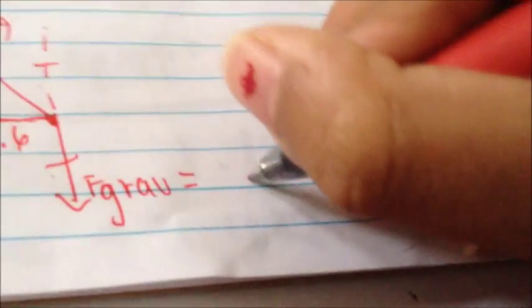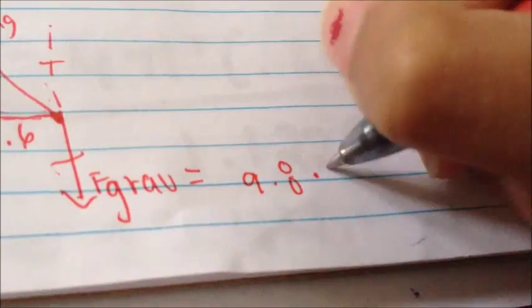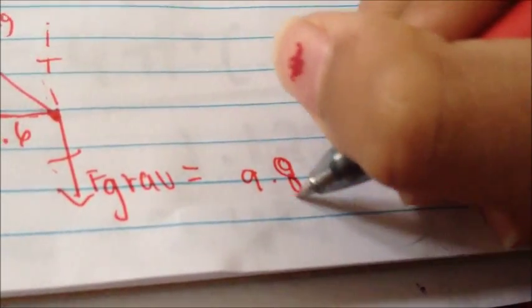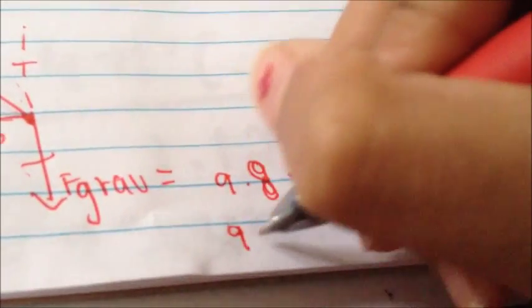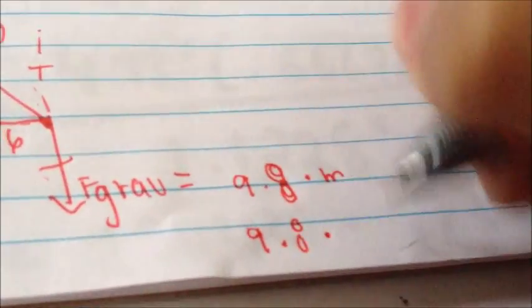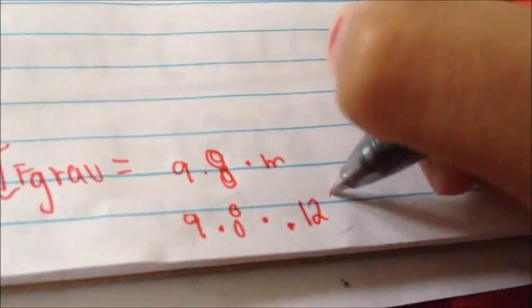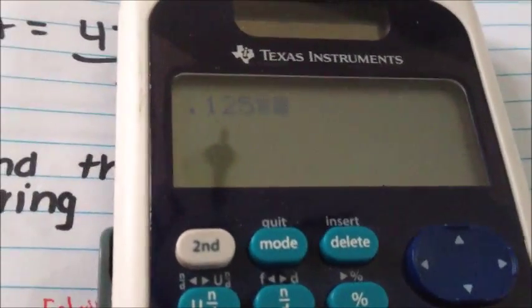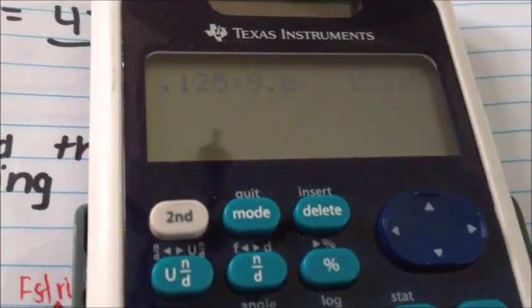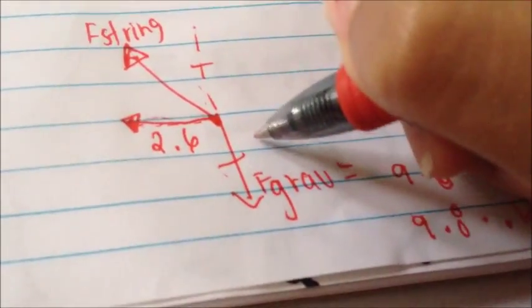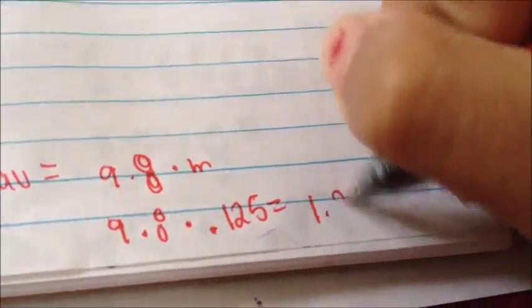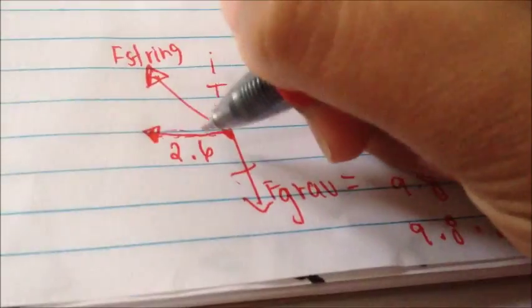How do we find the gravitational force on this plane? We know gravity is equal to 9.8 times the mass. So that's 9.8 times 0.125, which is equal to 1.225. So we know the F grav is equal to 1.225 newtons.